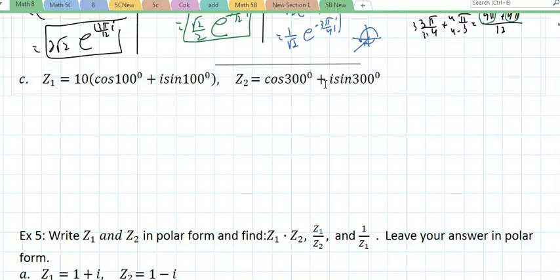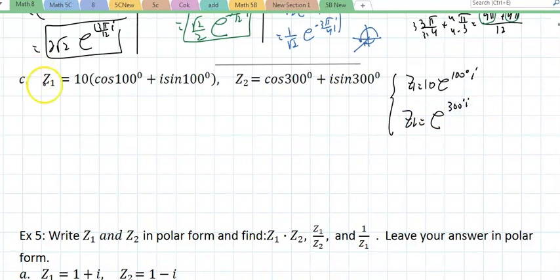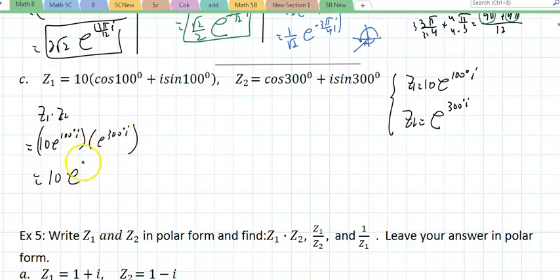Now, how about C? Well, out of those, I know that Z1 is 10 e to the 100 degrees I, and Z2 is e to the 300 degrees I. If I take Z1 times Z2, well, that is 10 e to the 100 degree I times e to the 300 degrees I. That's going to be 10e, and if you add those, when you multiply, that's 400 degrees I. That's too big.